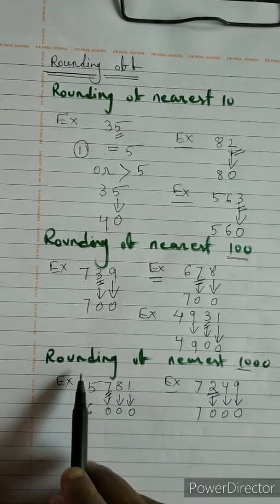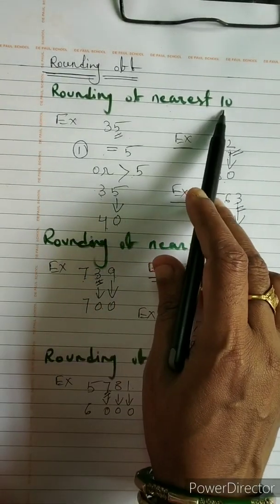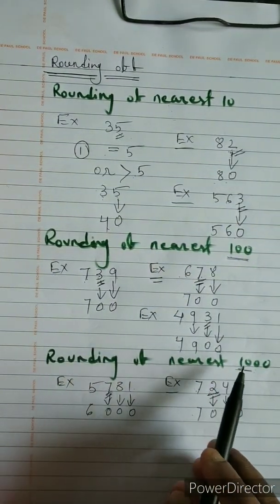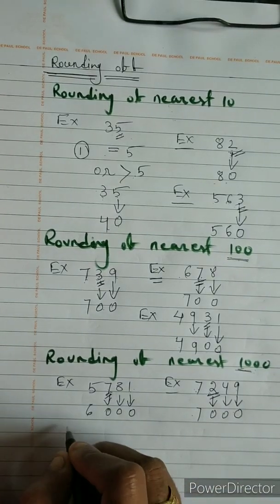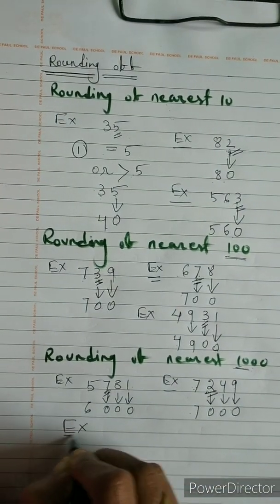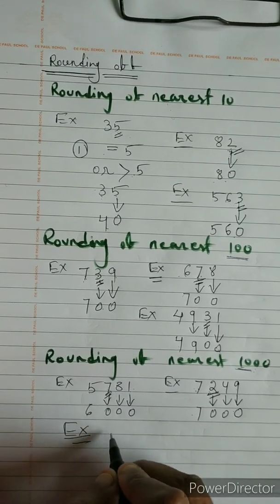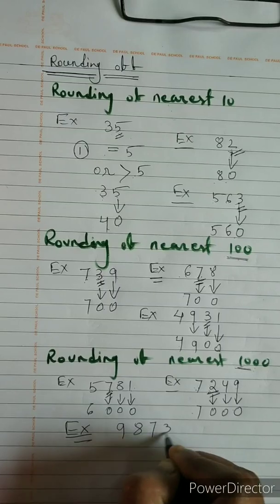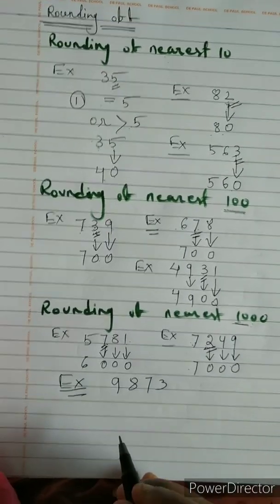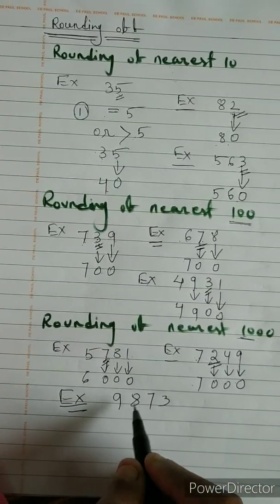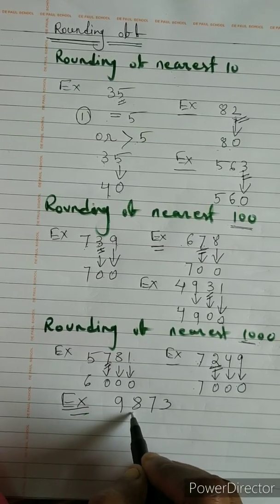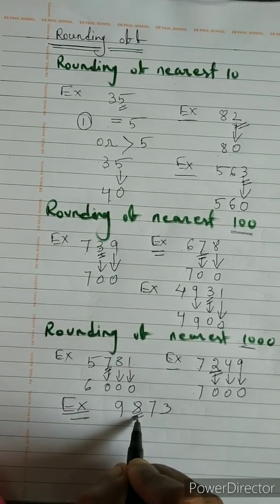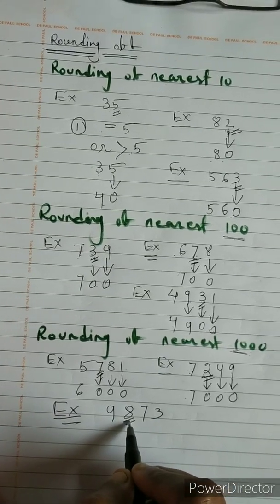So I hope you all understand rounding to the nearest 10, the nearest 100 and the nearest 1000. One special case, children, just all of you see this. I will take one example: 9873. In this case, what will you do, children? See, when we round off this number to the nearest 1000, we compare with the 100 place digit. So here 8 is greater than 5.